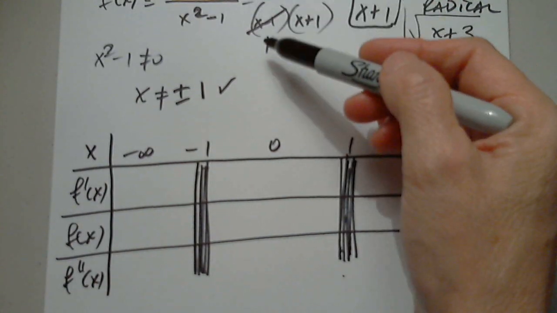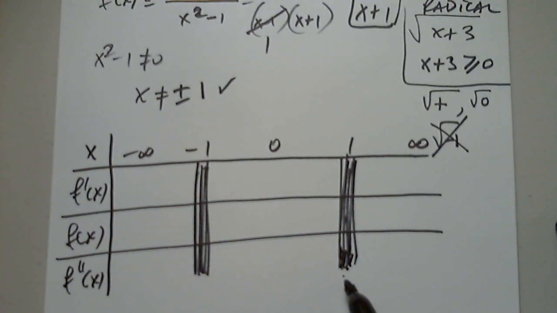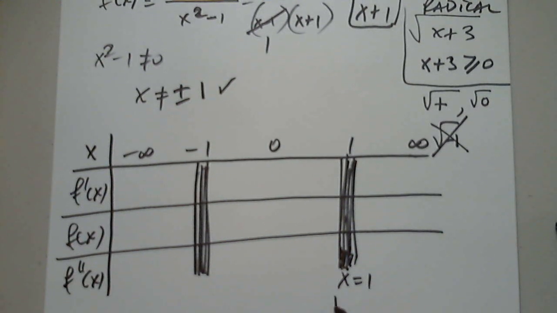The factor disappeared. What did we say? When the factor disappears, what will the function have at that point? So x equals 1 represents what? Yes, a hole.